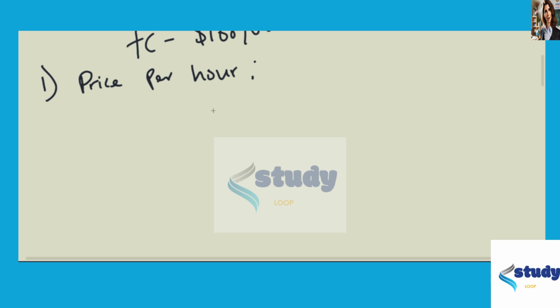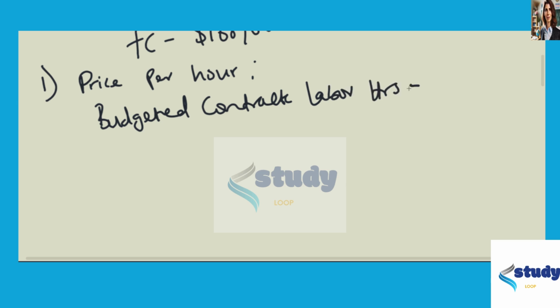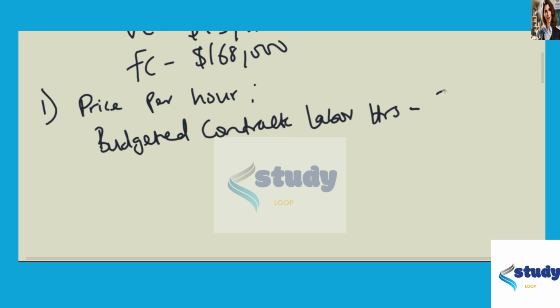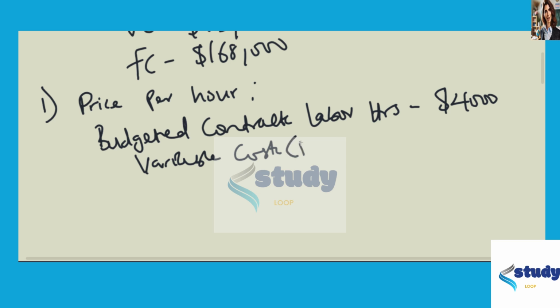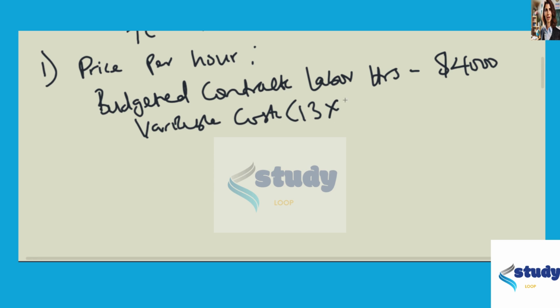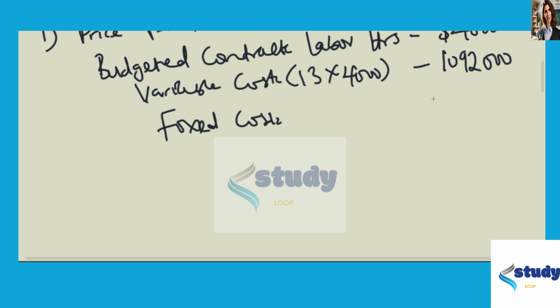So for the price per hour, first we write the budgeted contract labor hours, which is 84,000 from the table, and then the variable cost, which is $13 per hour multiplied by 84,000, and this is 1,092,000.